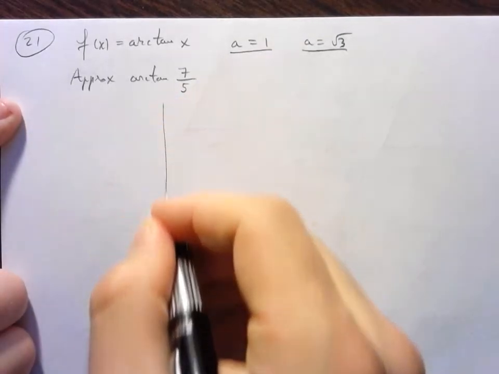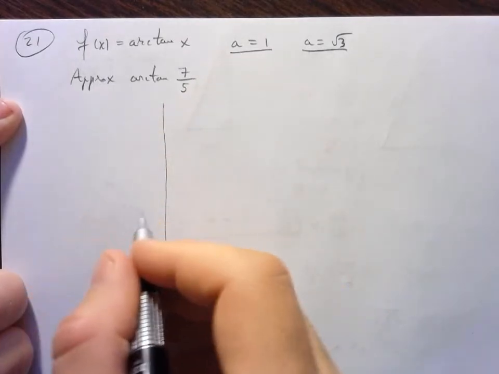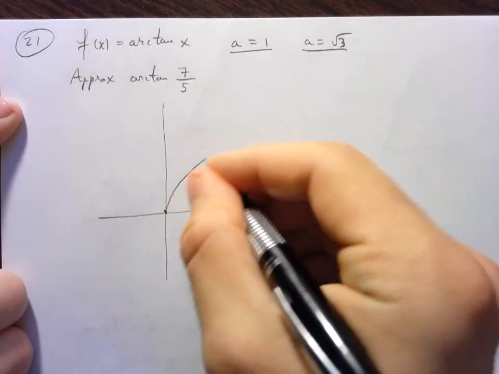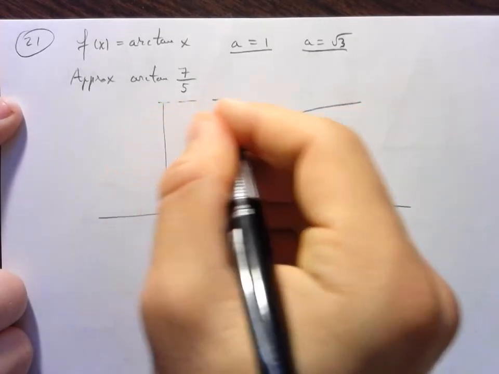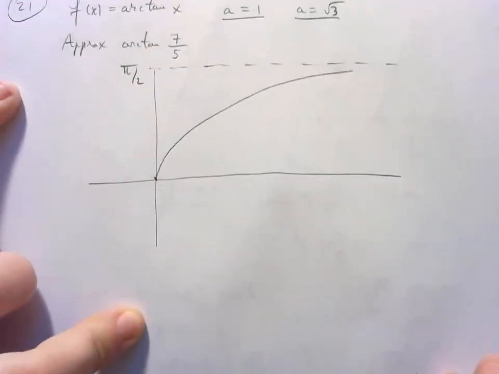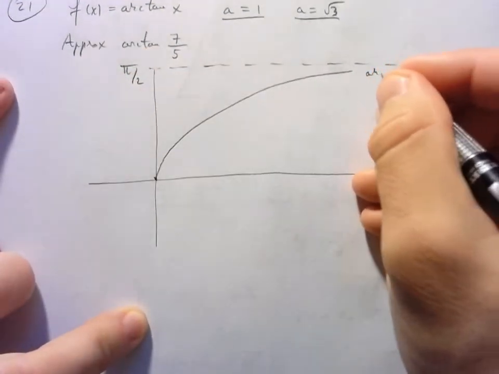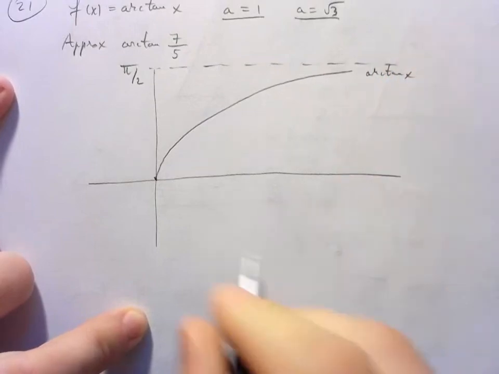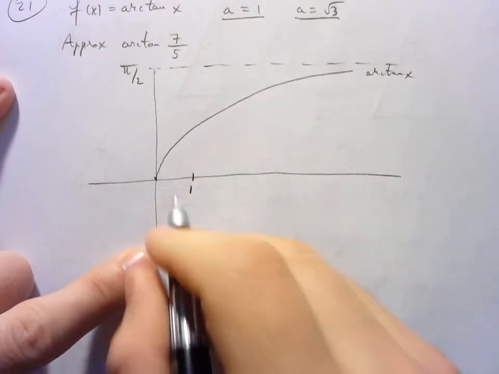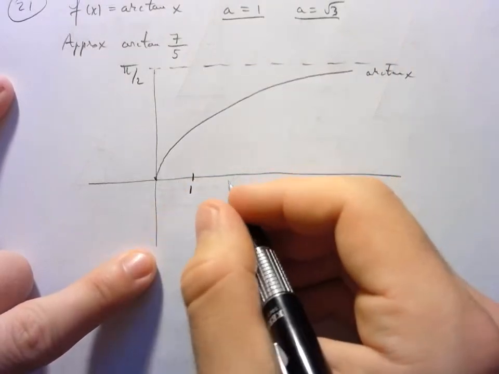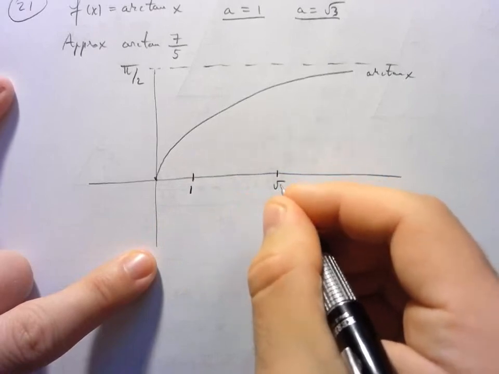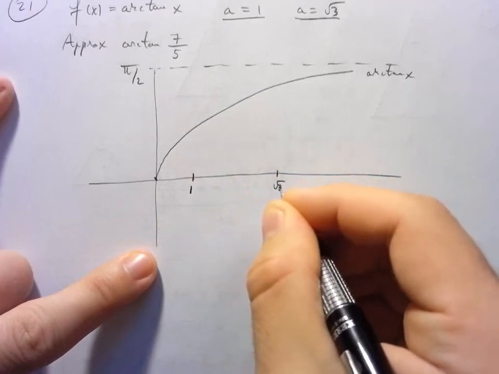Now I know the graph of arctangent, at least for positive values, looks something like this, right? And there's an asymptote at pi over 2. So that's arctan of x. And I'm looking at a equals 1, so I'm looking at a linearization there. And I'm looking at a equals, let's say, root 3 is somewhere over here.